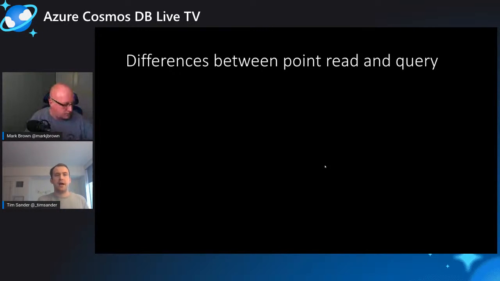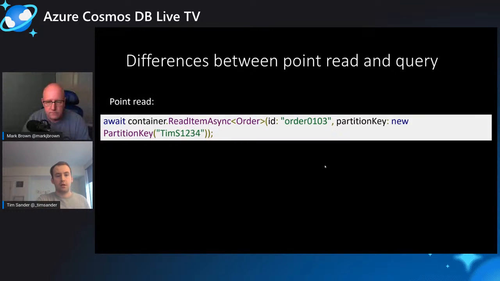The answer is that a query will always work. If you aren't sure whether you want to use a point read or a query, a query is going to work in any situation. However, a point read is better if you just want to read one specific document and you know both its ID and partition key value. This is how I do a point read: by reading the ID order 1-3, where the partition key was Tim 1-2-3-4.